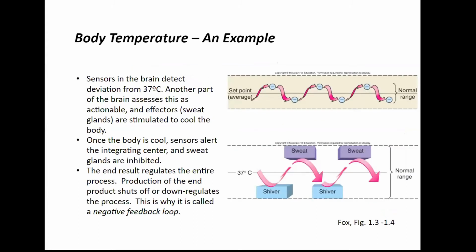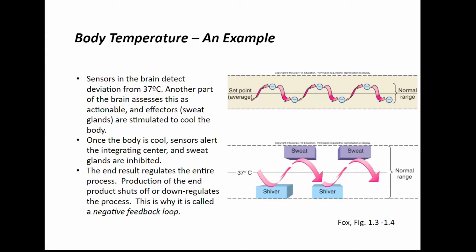So here's our example from the beginning, body temperature. So there are sensors in your brain, actually, that detect a deviation from the set point of 37 degrees Celsius. So our sensor is in the brain, sensing a change. And we also have an integrating center in the brain in another part of the brain.